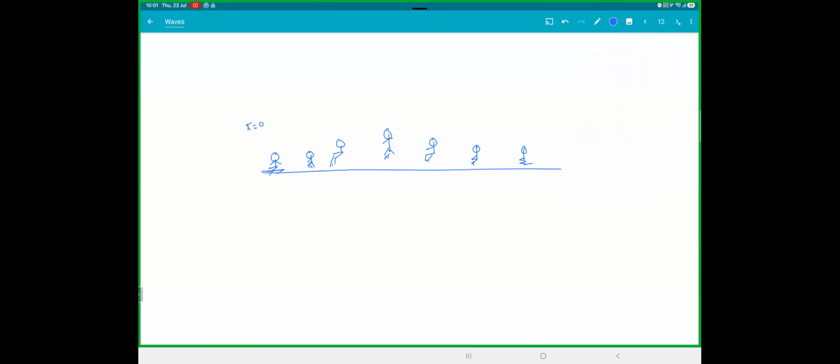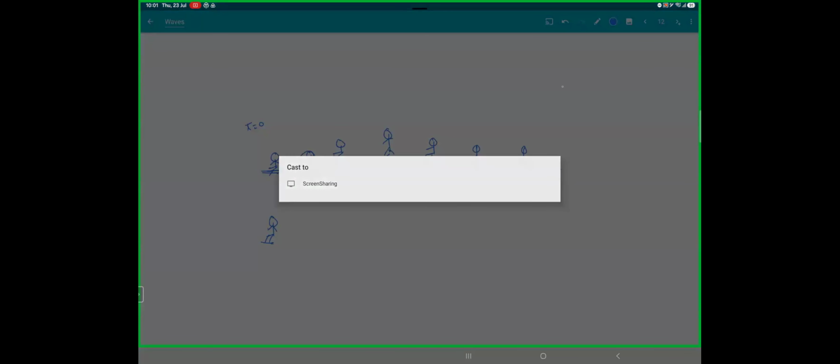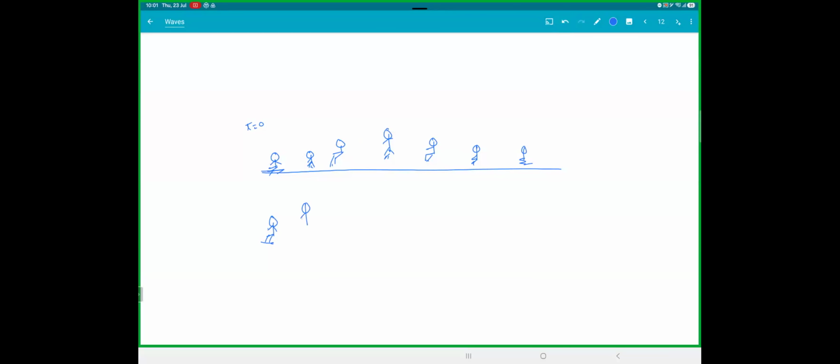Next moment, what happened? This guy who's sitting here stood up a little, he started kneeling down. This guy who is kneeling down sat on the bench. This guy who's sitting on the bench stood up. This guy who is standing sat on the bench. This guy who is sitting here is kneeling down.